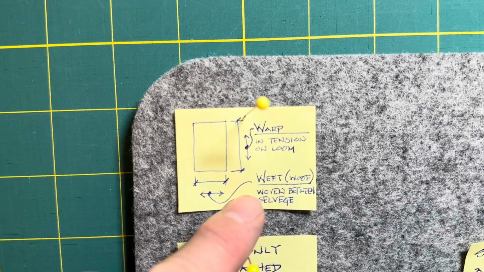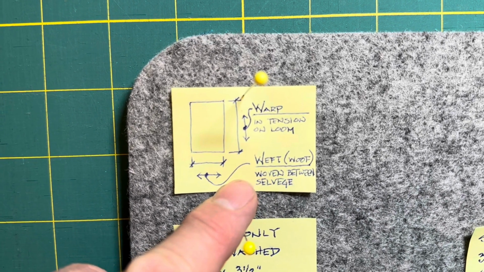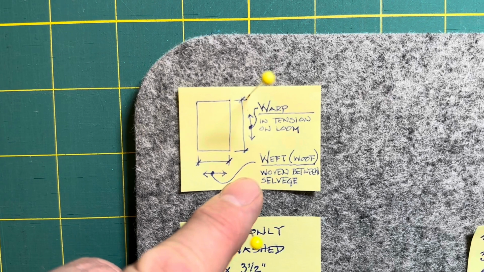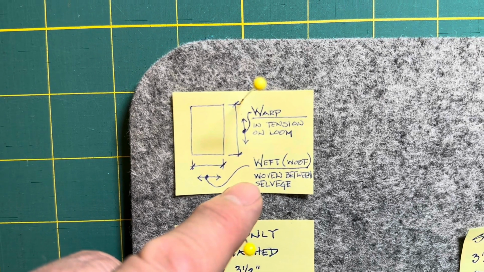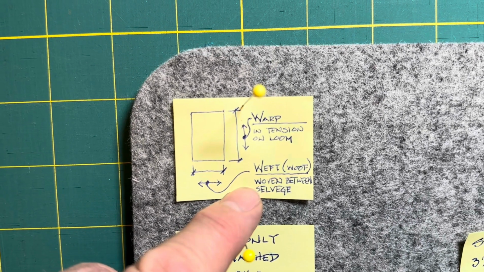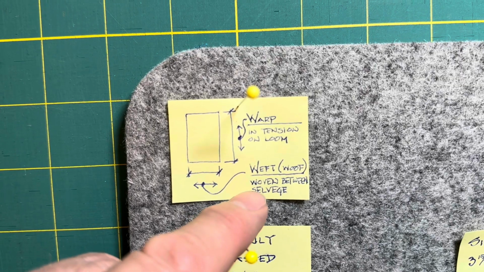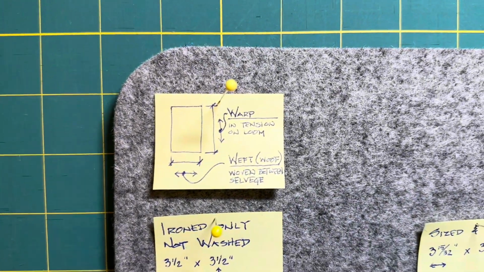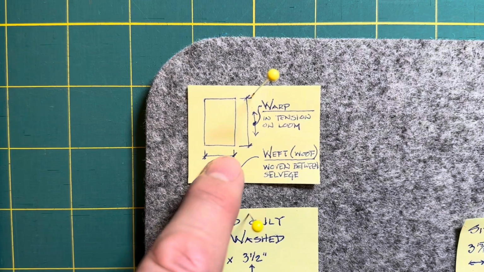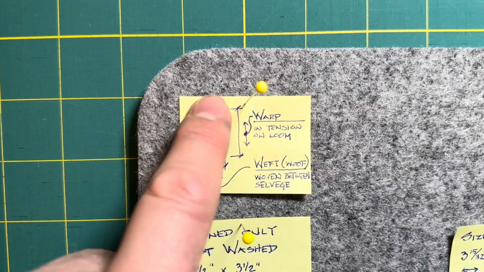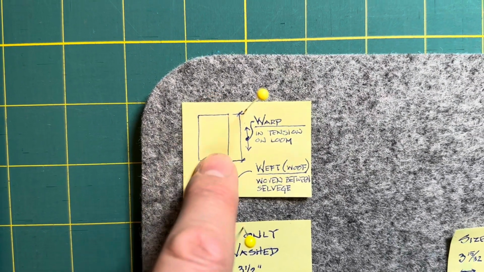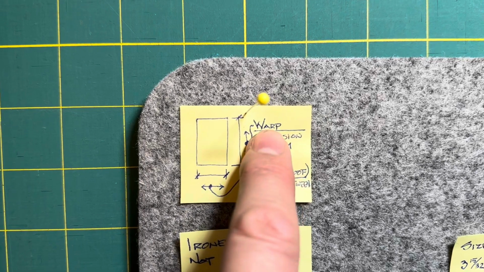That's what's called the weft or the woof of the fabric. These are the threads that are woven between the selvage. So they go from side to side, and then the length of the fabric, that is called the warp.